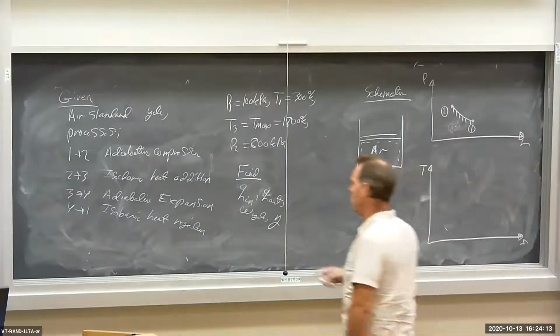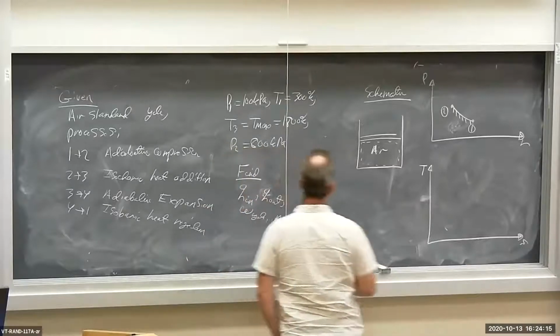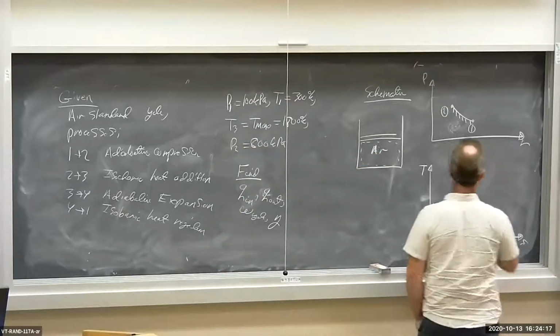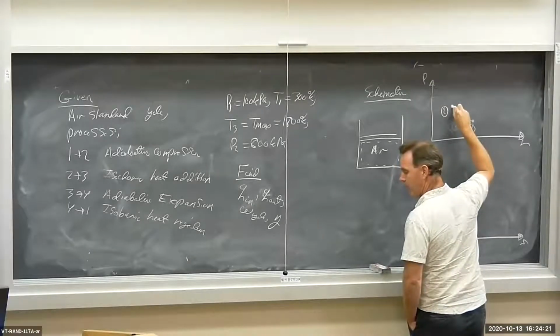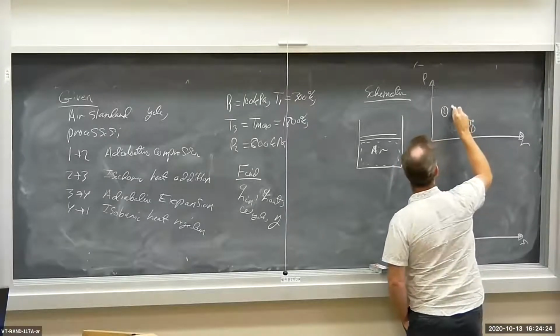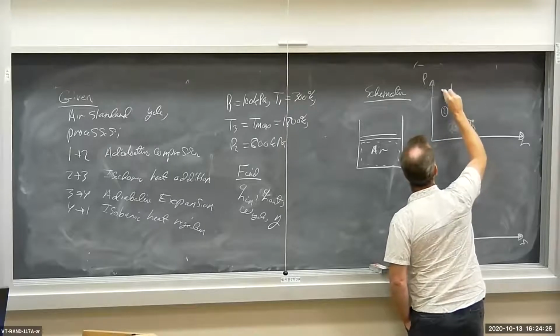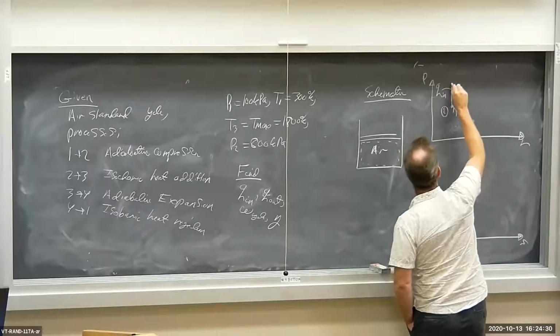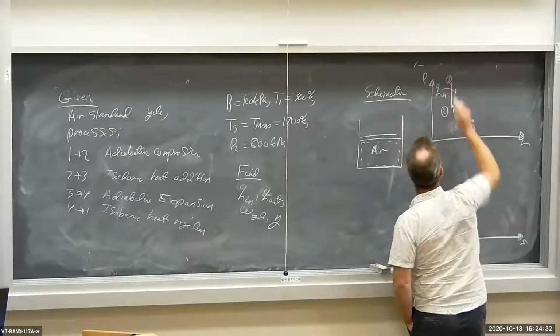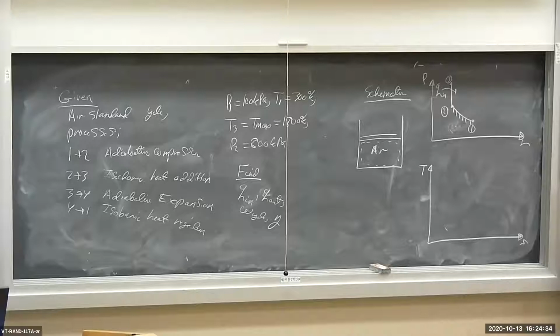Then we have isochoric heat addition. Isochoric means constant volume, and then we add heat. When you add heat, the air gets hotter and pressure goes up. So isochoric, so we're adding heat in here, Q in, and we end up at a higher pressure at state number 3.